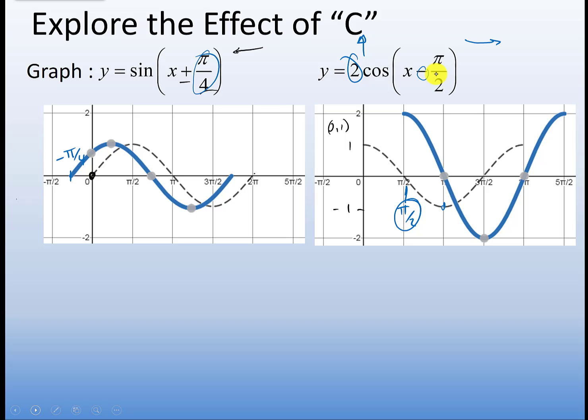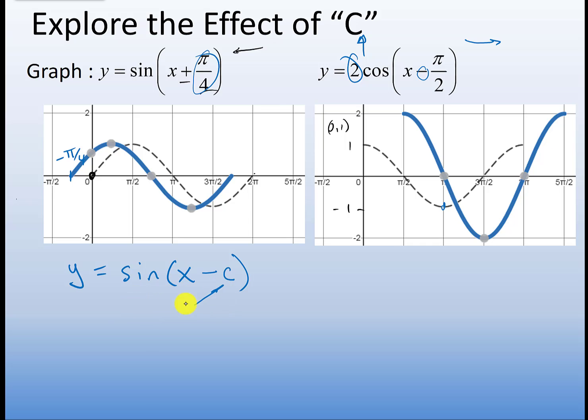So if there is a function that has y equals sine of x minus c, it's very straightforward.